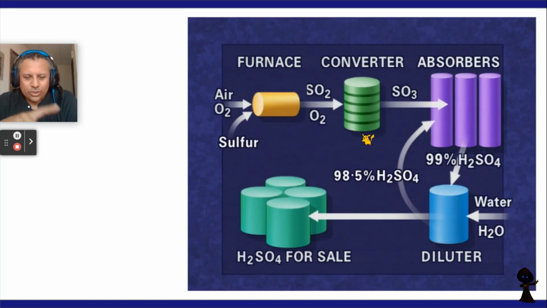Along the way, you remove the heat that's generated because of the exothermicity of these steps. You remove it by passing it on the inside of coils of water. Those water coils contain water, and that water will turn into steam, and the steam can then be used to generate electricity.